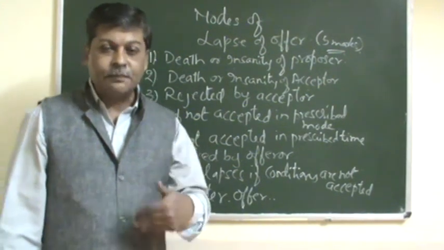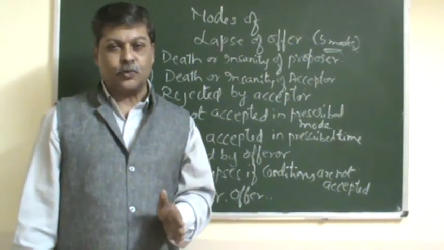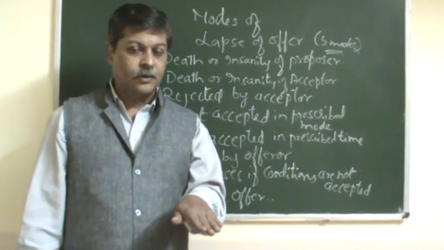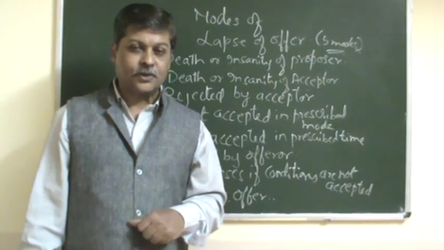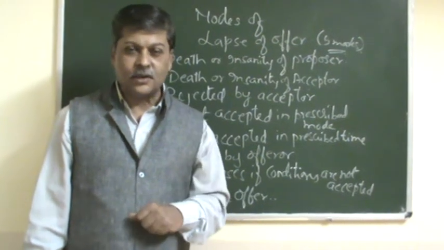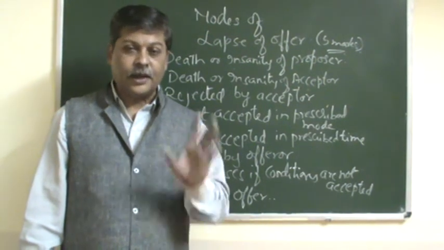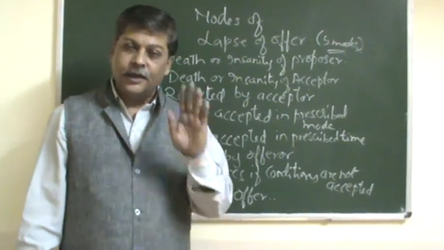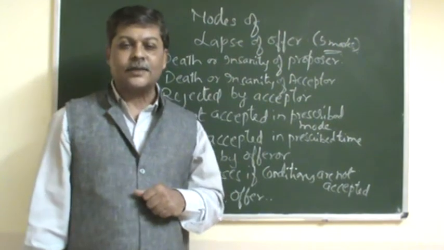If the acceptor is aware of the death or the insanity of the proposer before he gives the acceptance, the offer is said to have lapsed, and that acceptance is not valid.